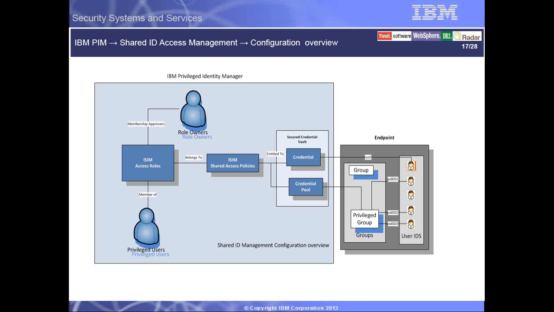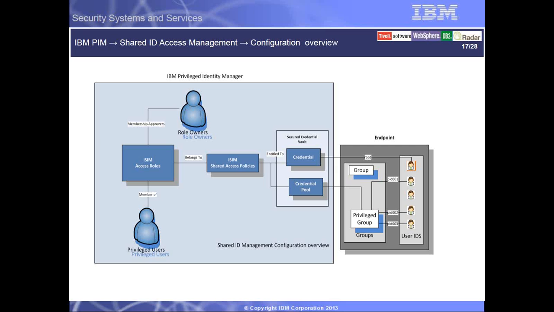Most of us who have had experience with Identity Manager, the Tivoli Identity Manager, would know that the concept is a bit similar to it. So here you have, let's say, privileged users and you have the role owners.